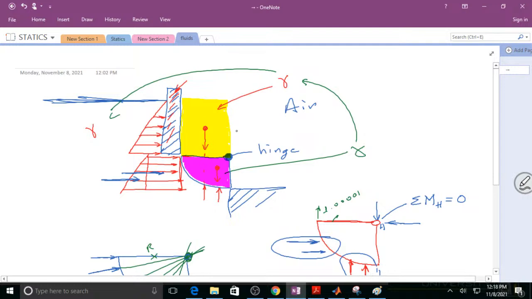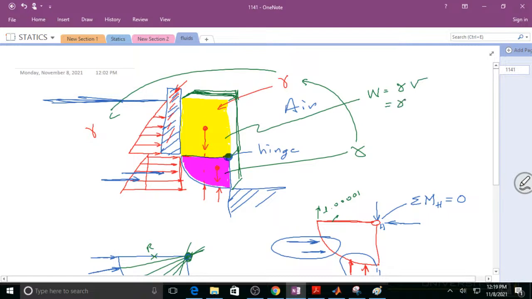So are you doing this where you go in and, so really, on this, you gotta figure out the weight of that column. If you do it per unit into the board, the weight is equal to gamma times the volume.